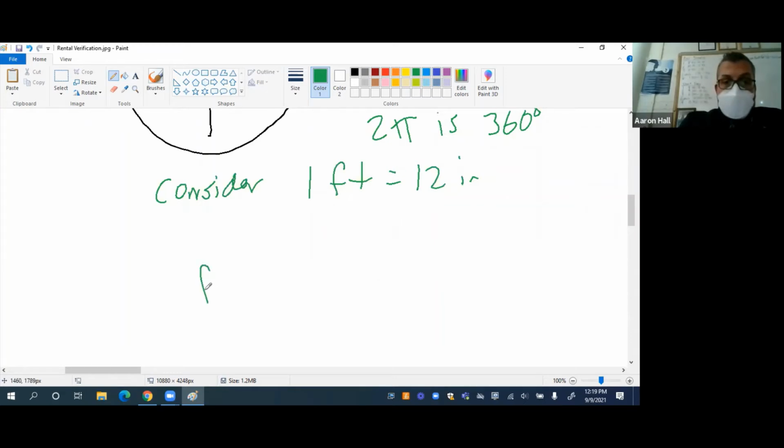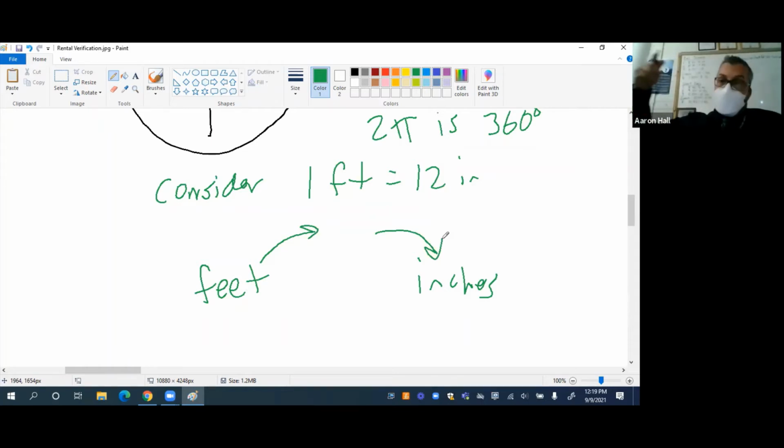If I want to go from feet to inches, I multiply by 1 in the form of 12 inches over 1 foot, because it doesn't change the quantity.